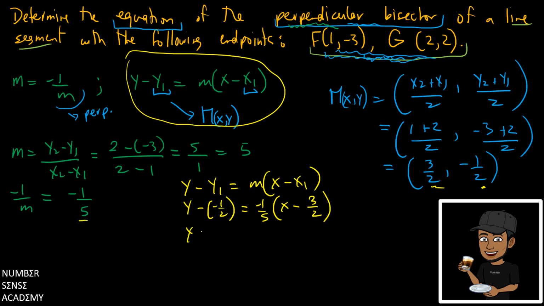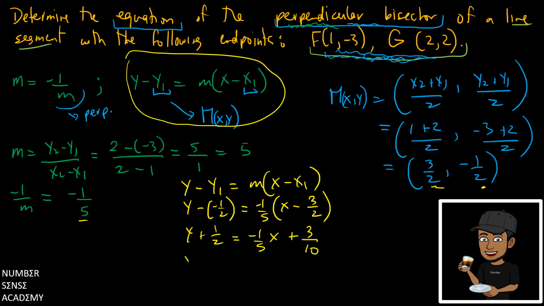So I end up with y plus a half equals negative 1 over 5x. So this is the slope part of my equation. And then I have negative 1 over 5 times negative 3 over 2, which is plus 3 over 10.